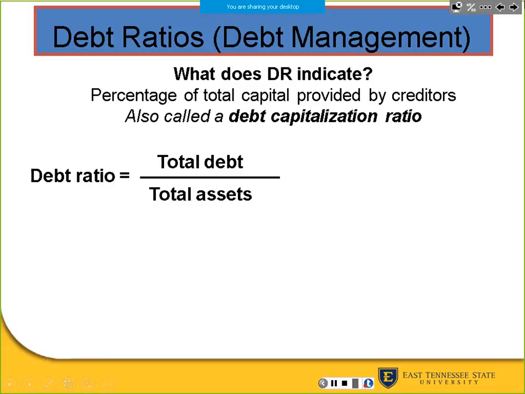So for debt ratio, we're going to look at total debt divided by total assets. So what are we looking at here in terms of the numbers? What sheets do we go to, and what are our numbers going to look like? So we're looking at total debt. Balance sheet. What's our total debt?